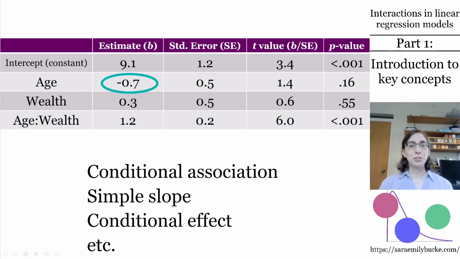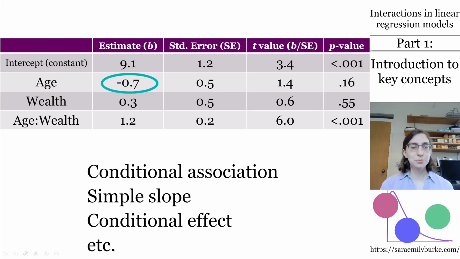Let's talk about terminology for a second. When I look at a regression table like this, with an age by wealth interaction included in the model, I think of the slope for age as the relationship between age and the response variable at the point where wealth is 0, and the model assumes that this relationship varies continuously along the spectrum of wealth. And it's nice to have a term for this negative 0.7 from a lower order term in a model that includes a higher order interaction.